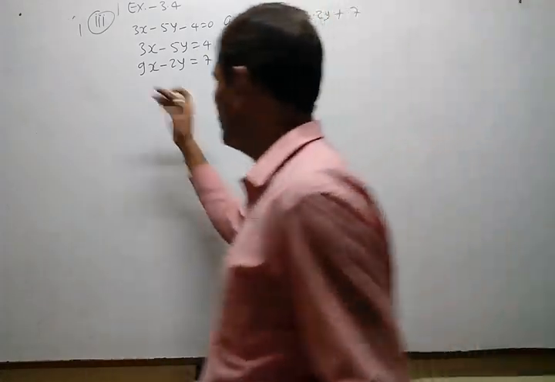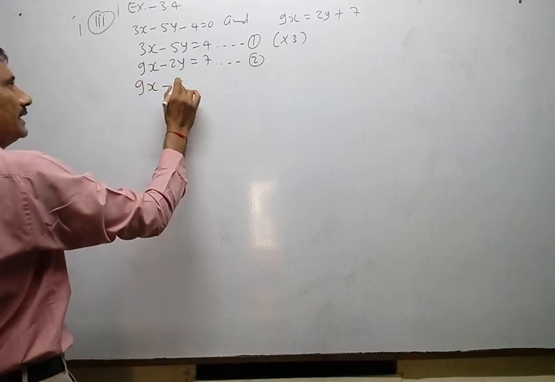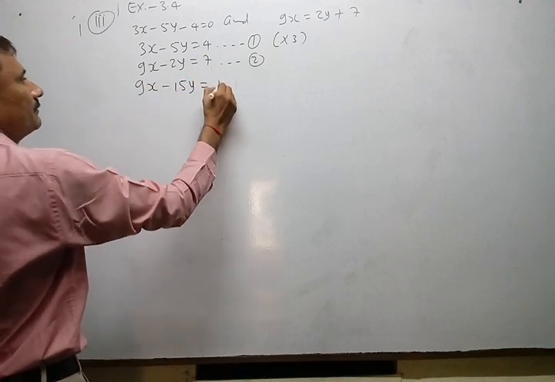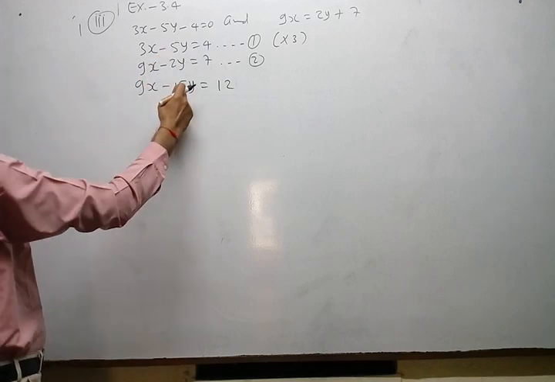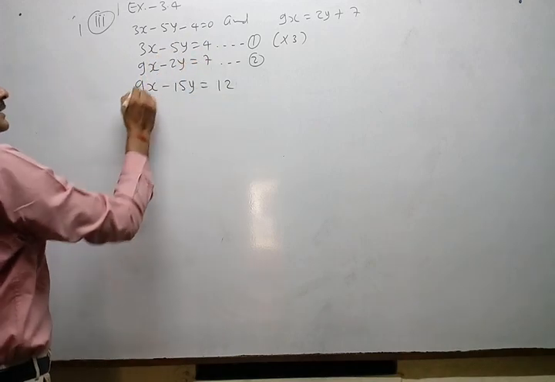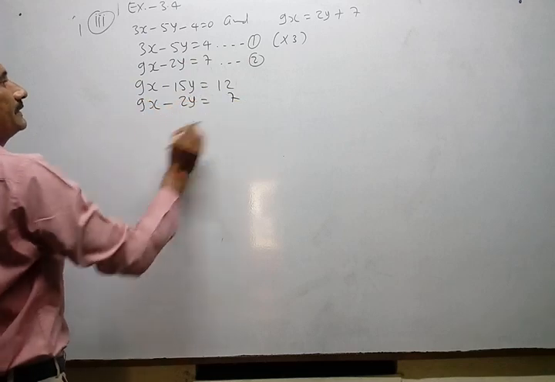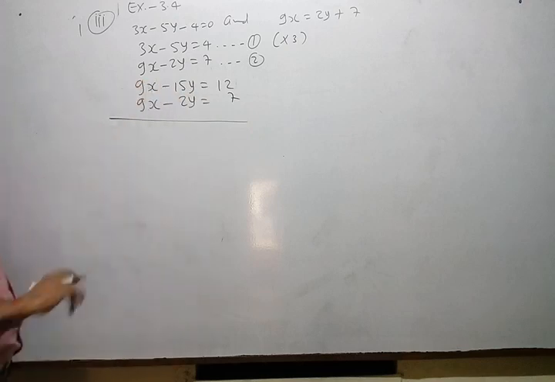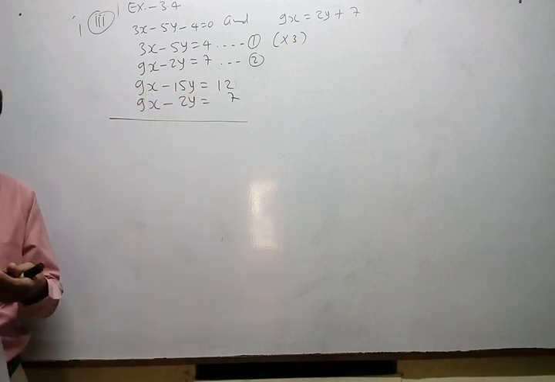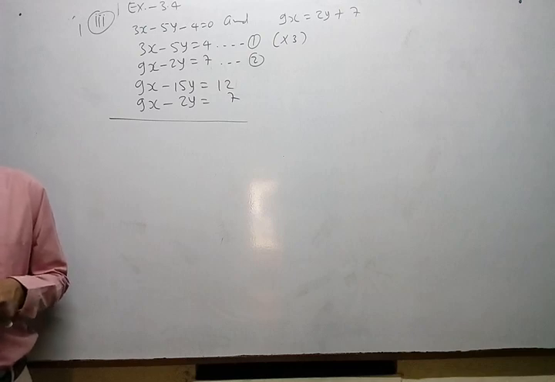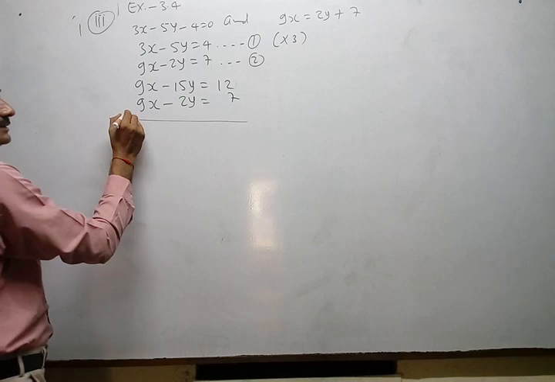So easily I will get the coefficient of x equal. Okay. So now it becomes 9x minus 15y equal to 12. 3 threes are 9, 5 threes are 15, 4 threes are 12. Second, just write down, it is equal to 7. Now you know signs are not opposite. Signs must be opposite, then only they can be eliminated. So what to do? Subtract these equations.